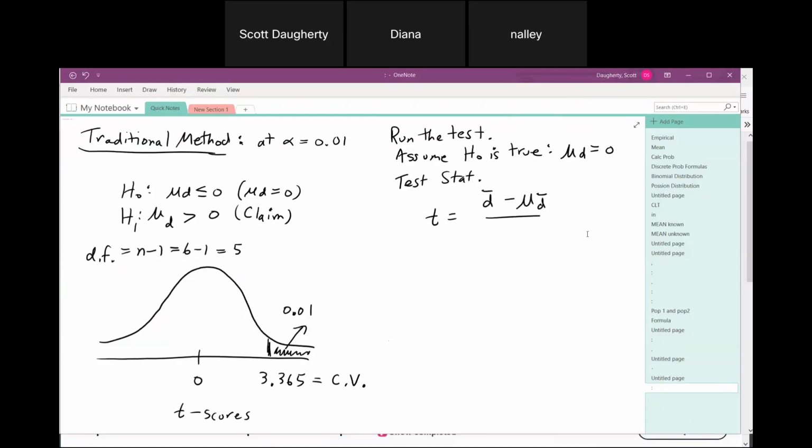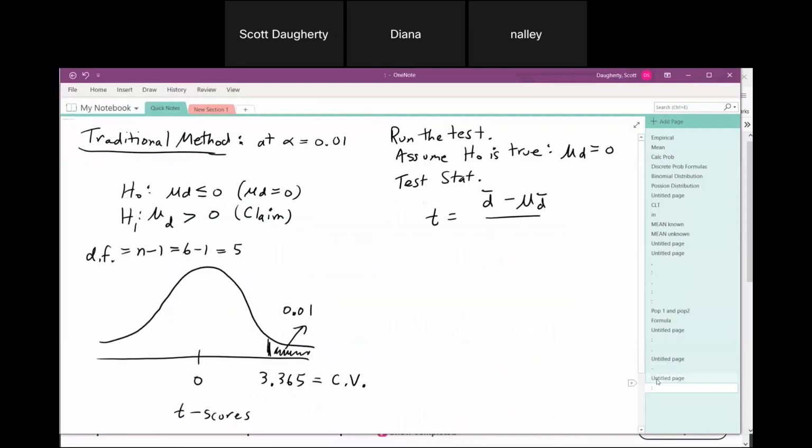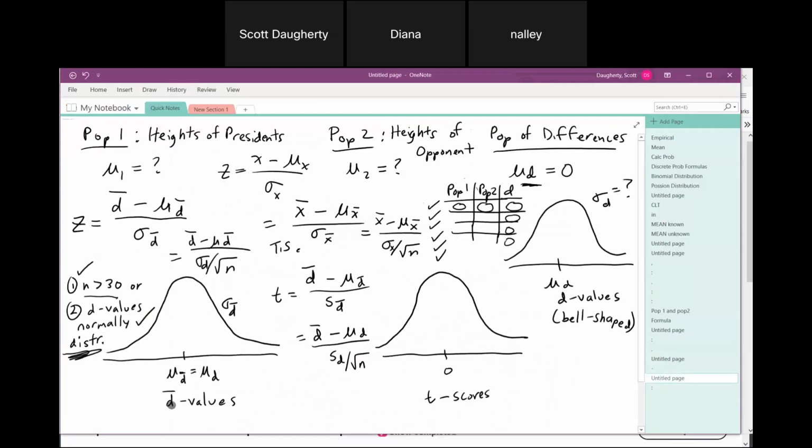So then the test statistic comes from the fact that you're converting these D bar values into corresponding t-scores, and this is how you convert them into t-scores, right?